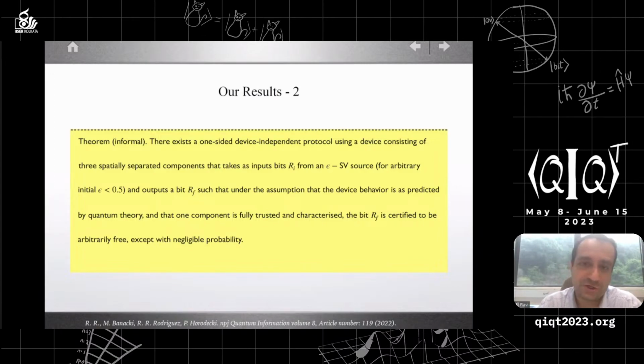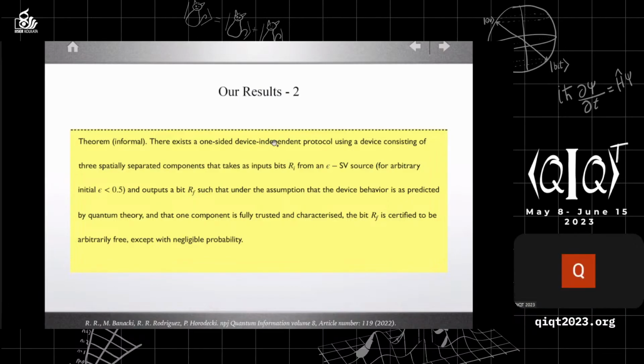But in the steering scenario you can, which means that things become possible which are not possible in the device independent scenario. Of course, then you have additional assumptions. You can improve rates, you can get other kinds of protocols, etc. Thank you. Thanks a lot.